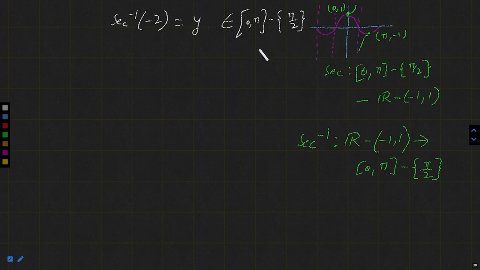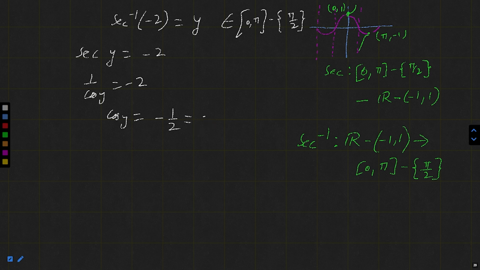Now what we will be doing is quite easy. This implies that sec y is equal to -2. Sec y means 1 upon cos y is equal to -2. So this means cos y is equal to -1 by 2.